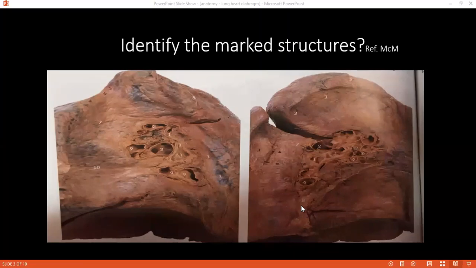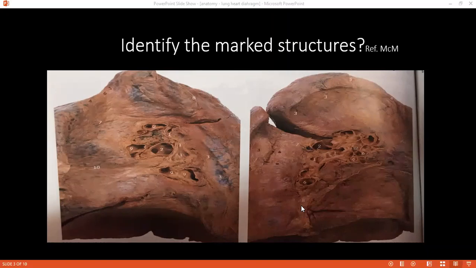What is pulmonary ligament? It's a fold of mediastinal pleura which connects the mediastinum to the pericardium. And it serves the purpose of what? It allows adequate expansion of pulmonary veins when there is increased blood flow in pulmonary veins.